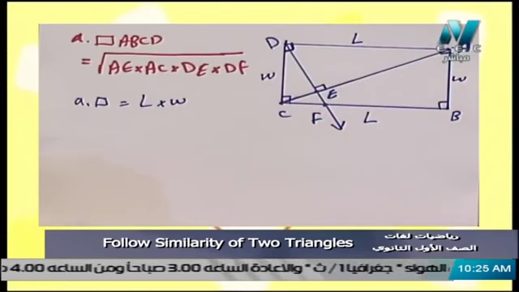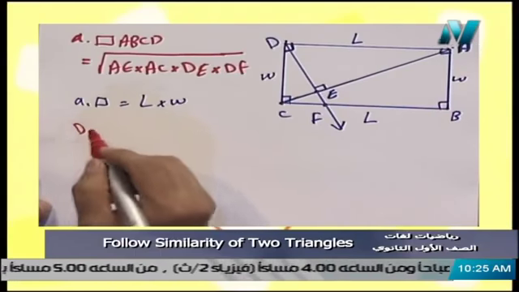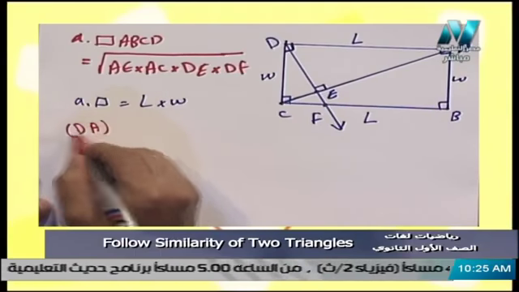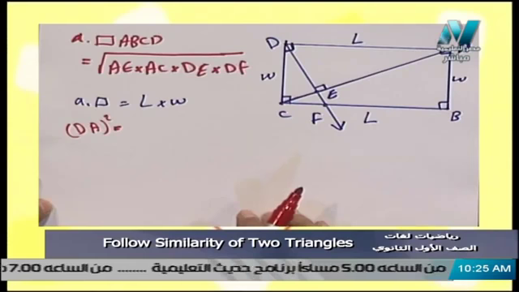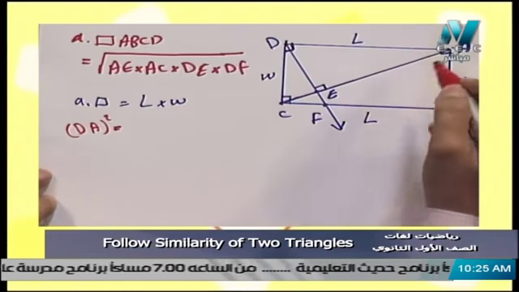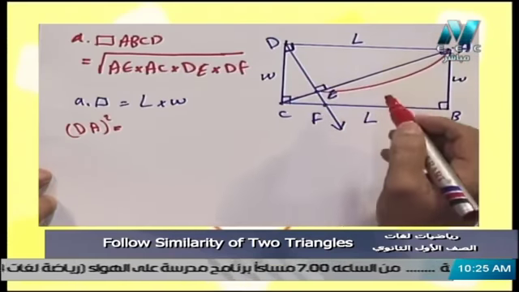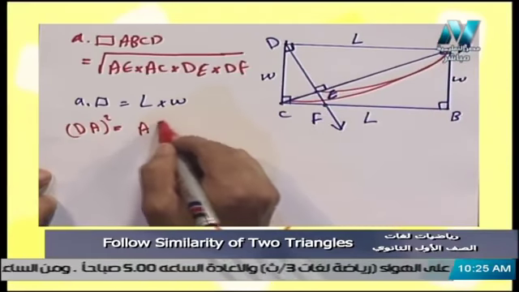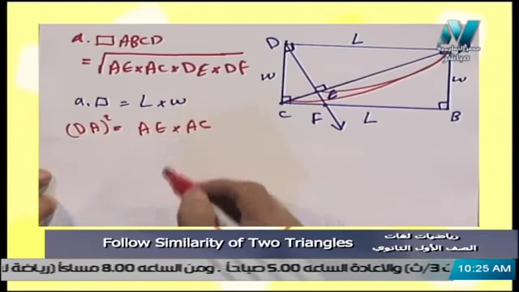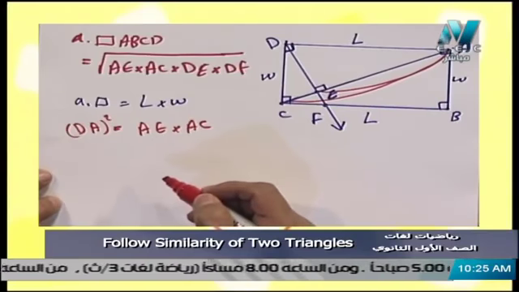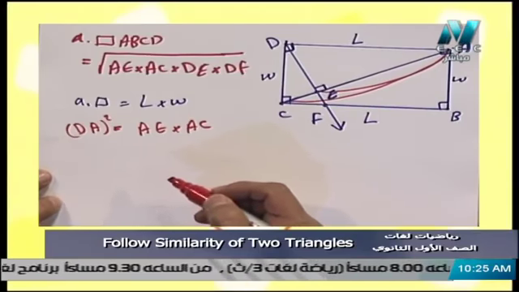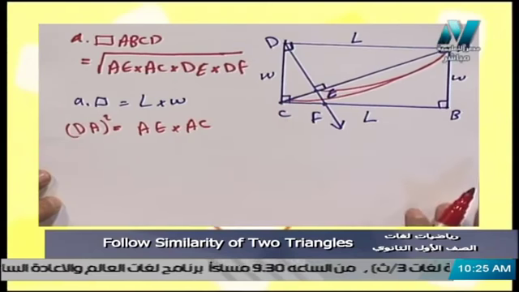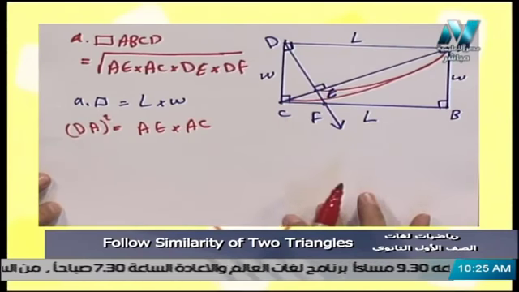So we can easily say that DA power 2 equals AE multiplied by AC, from Euclidean theorem or from similarity, which we have already done.